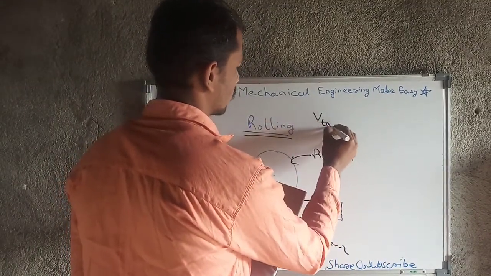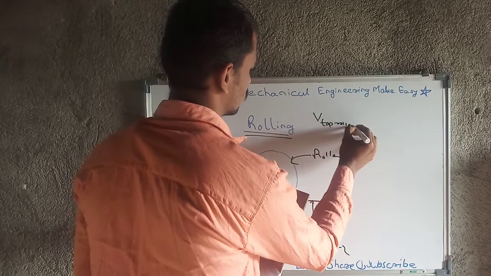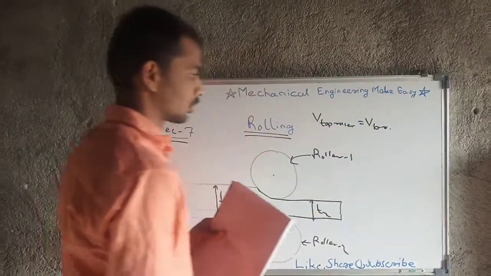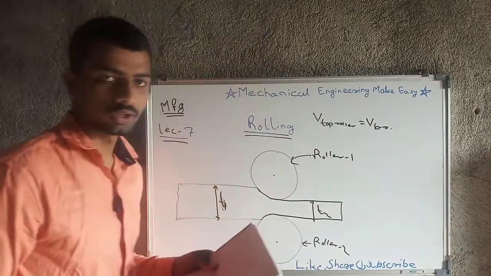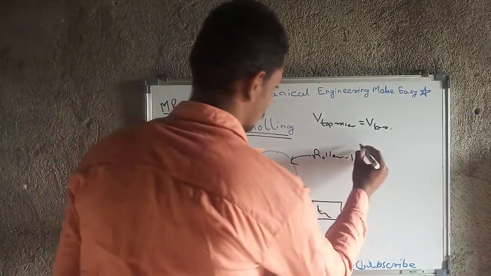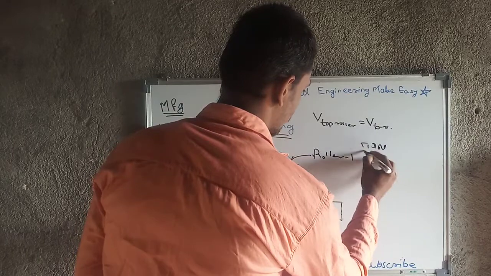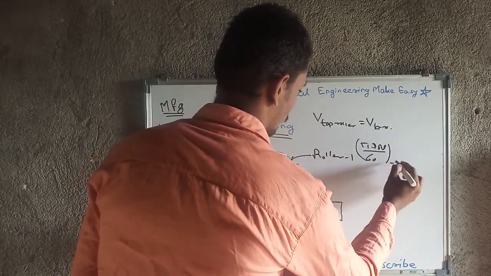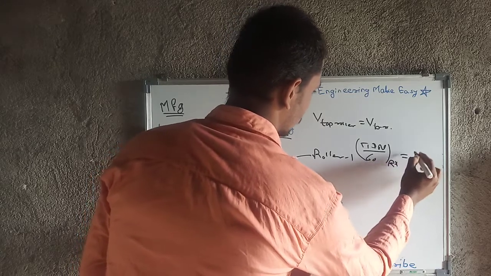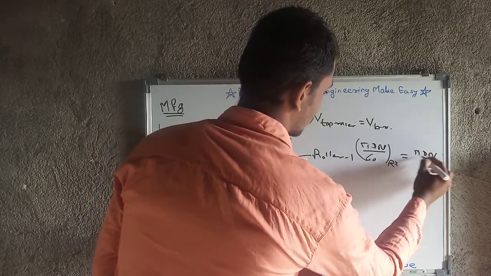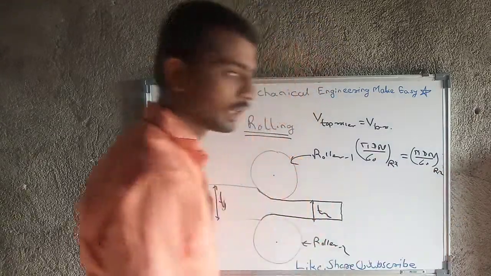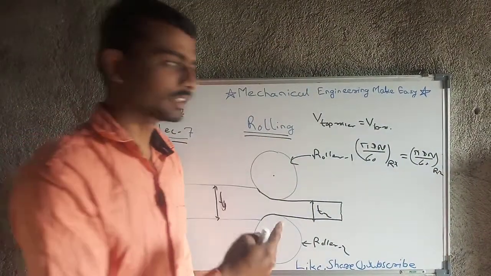The velocity of the top roller should be equal to the velocity of the bottom roller. The velocity is nothing but pi dn by 60 of roller 1, which should be equal to pi dn by 60 of roller 2, and here pi by 60 is constant.